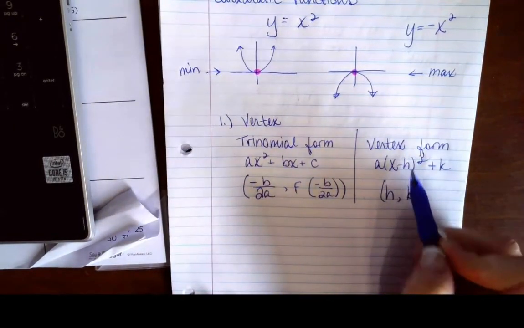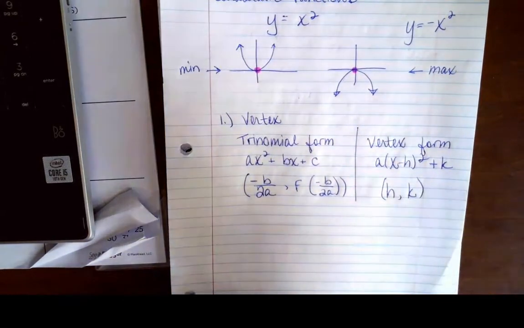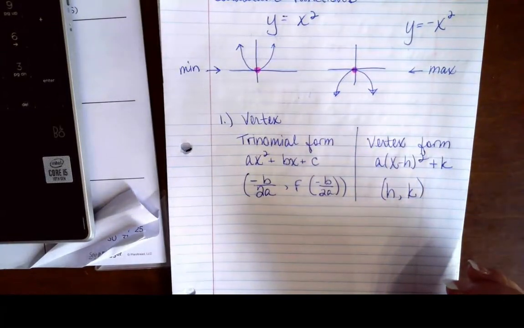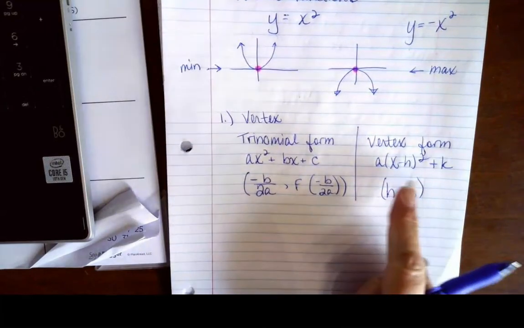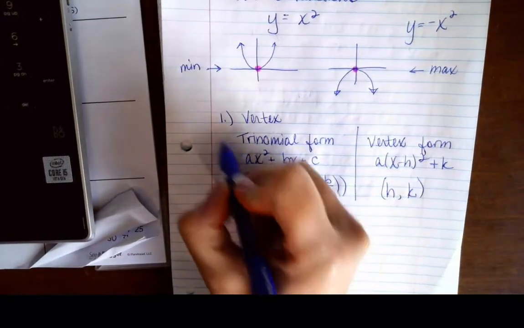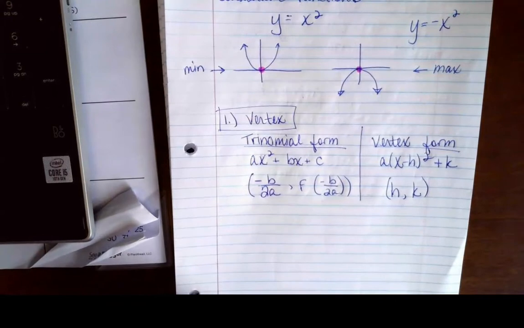So that tells you how far this parabola shifted to the left or to the right. On this one, it's a plain old number hanging off on the end, and that tells you how far up or down your parabola shifted. So this is a nice, convenient way to figure out, either through trinomial form or through vertex form, what the actual vertex of the parabola is.